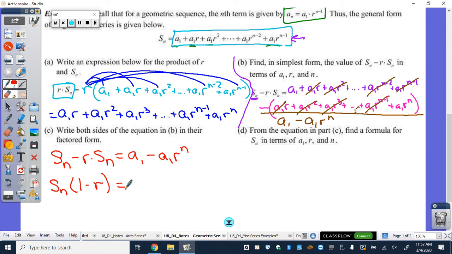A sub 1. So I take that out, that gives me 1 minus r to the n. So that's our factored form. Part D, to finish this off, to get our equation that we have up above, we would divide by the 1 minus r. And that's where the formula ends up coming from.